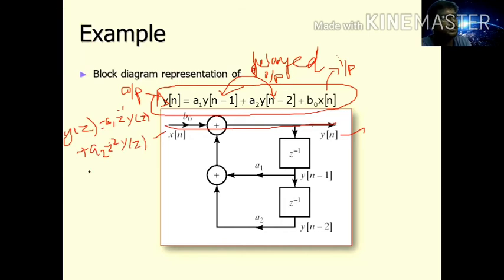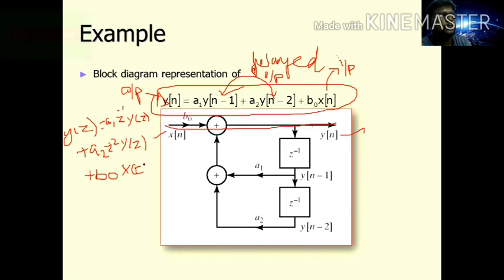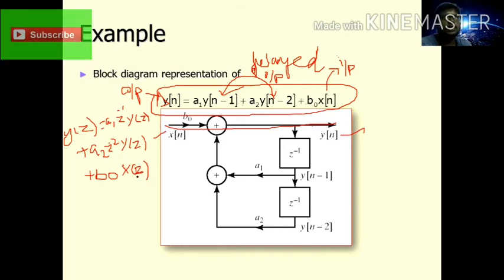Okay, next, plus b naught into X of z. The constant is b naught, so I put here b naught. The Z transform of x of n becomes X of z. And you apply the Z transform, you can get this equation.